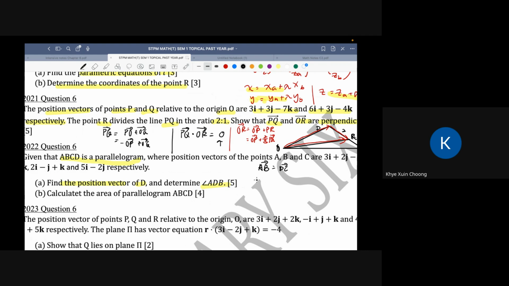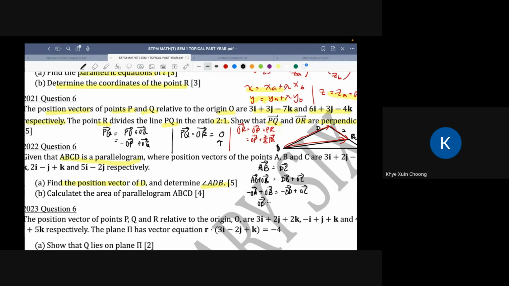AB is actually AO plus OB. DC is actually DO plus OC. So AO is negative OA, plus OB, equals negative OD plus OC.